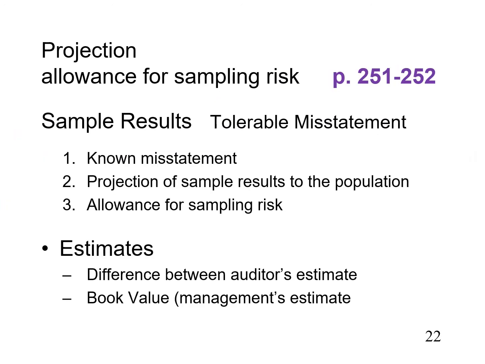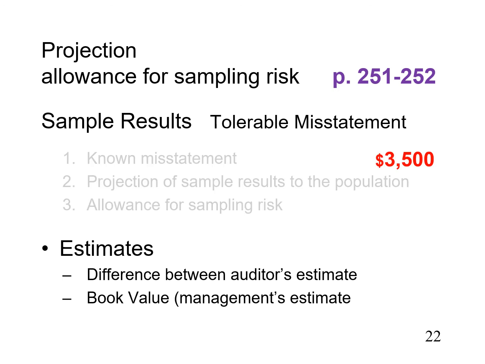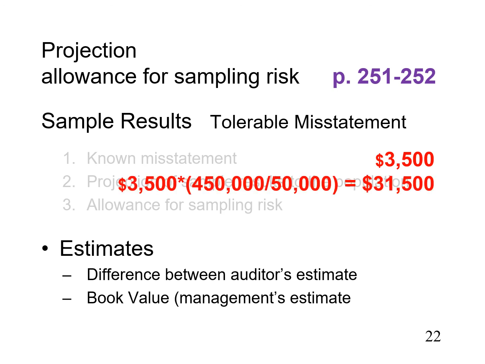Now, here's the same problem. When they took their sample, they found a misstatement of $3,500, but they only audited 1/9 of the population. So they have to project that. And the easiest way to project that is to multiply 3,500 times 9.